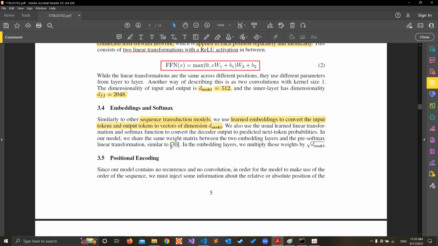Actually, what's happening here is not that hard or something phenomenal. What they are saying is that we are talking about embeddings. We know that when we have a sequence of words, which is a sentence, converting this sentence to something that the computer can understand, we should make a vector of that.